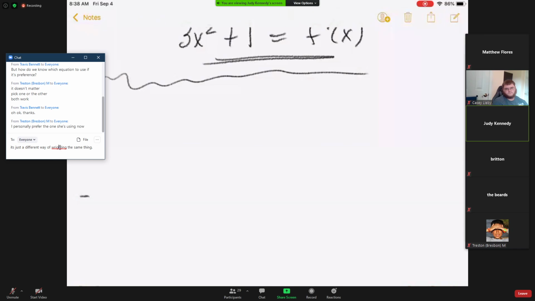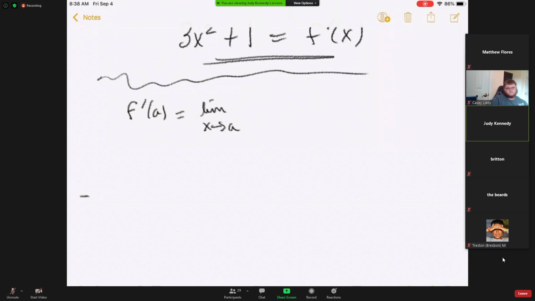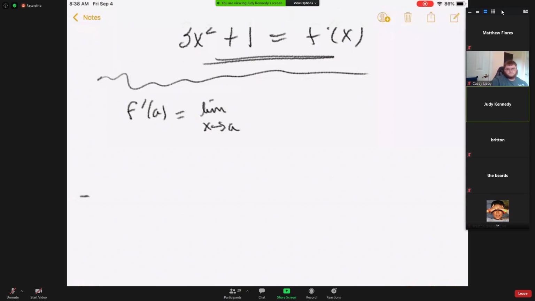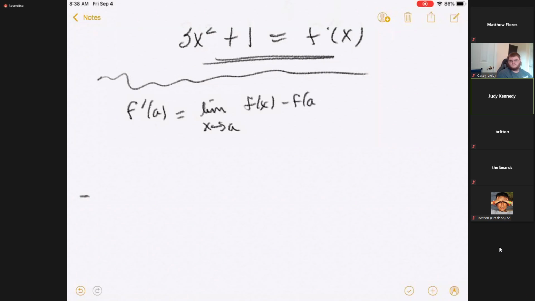All right, so f prime of a, this time I need 2 letters. I'm going to let x be the thing changing in the limit, so that means I've got to call whatever this is something else. It was this definition.